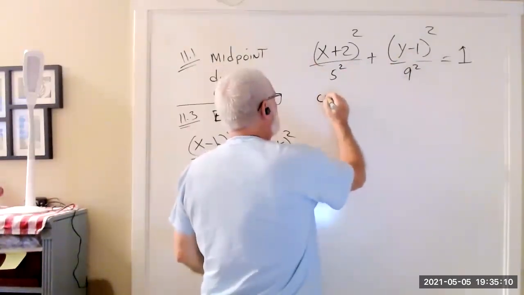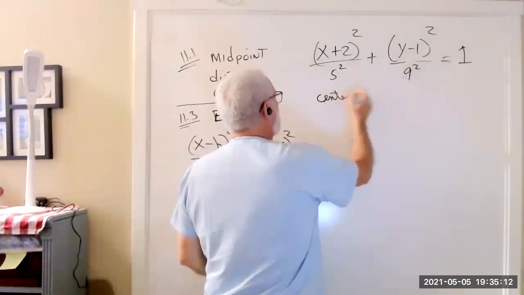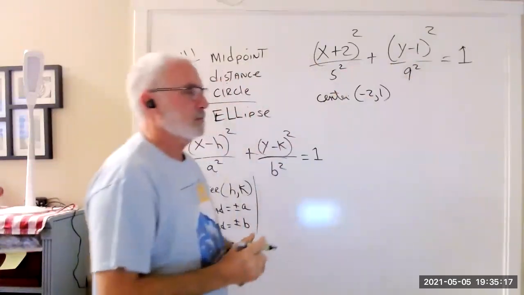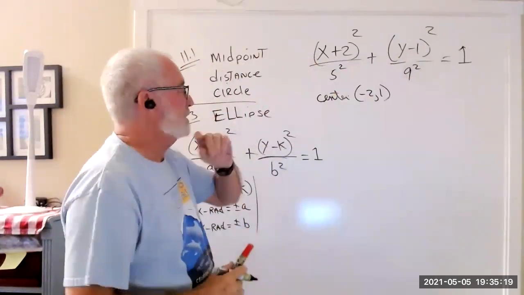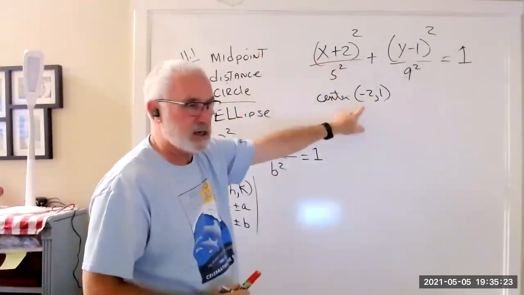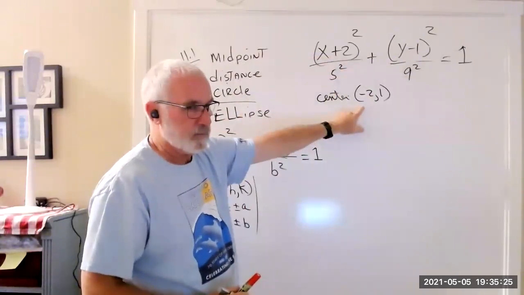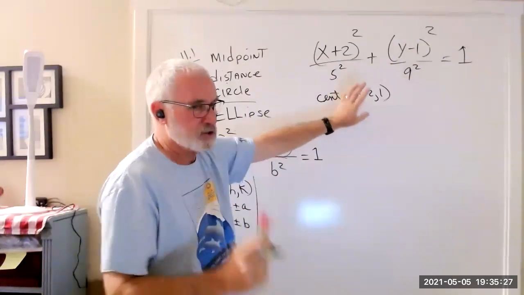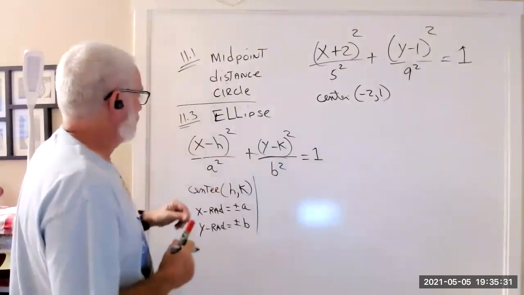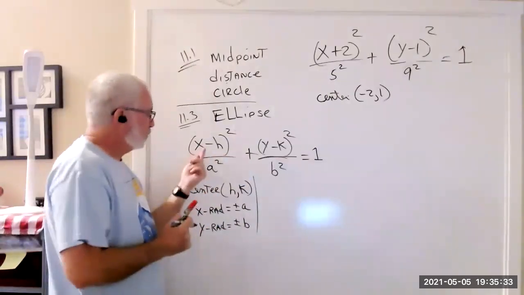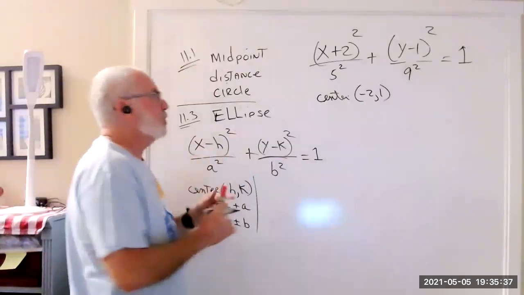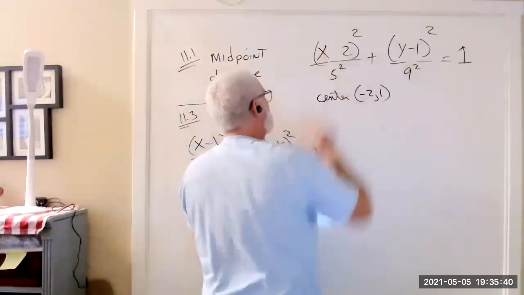The center is (-2, 1). Is that all right with everybody? You understand why it said +2, but I write -2? It's the same logic. The formula for an ellipse has that minus, so we have to treat it as minus a negative.